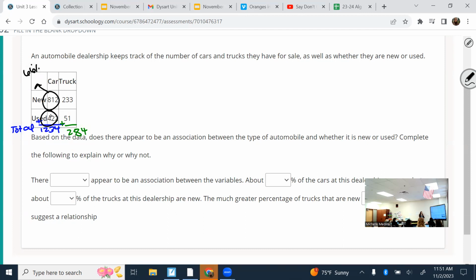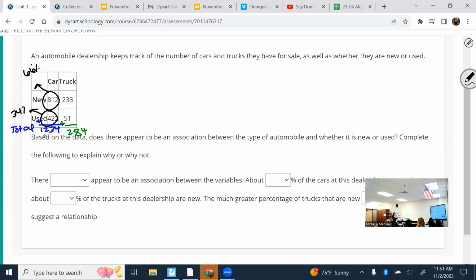You could do 422 divided by 1234 to get the decimal percent. Or you know it has to add up to 100%, so 100 minus 66 is 34%. So we know out of the cars, 66% of them are new and 34% of them are used.